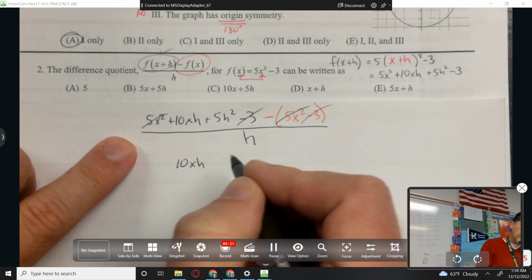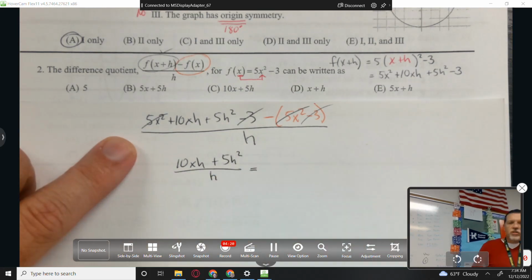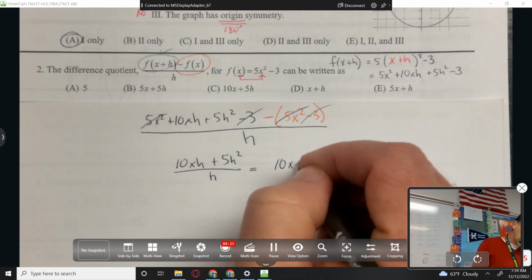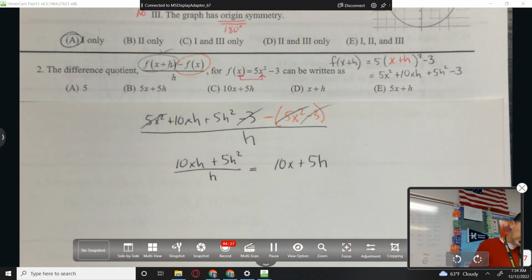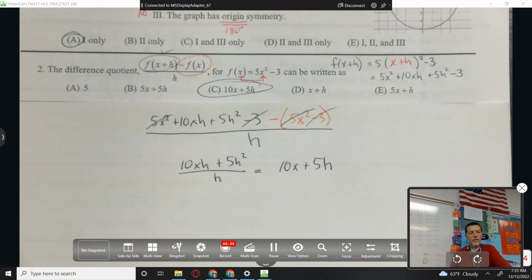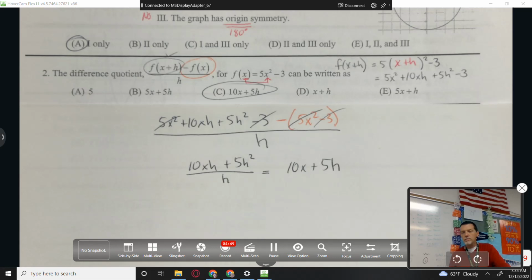And so that leaves me with 10xh plus 5h squared all over h. h will divide out from each of those, so 10x plus 5h, which is answer choice C. Being able to do that is super important for calculus. So we'll review that all year long, because that's basic algebra you should be able to do, especially if we give you the formula. And all you got to do is plug in pieces to the right spot.